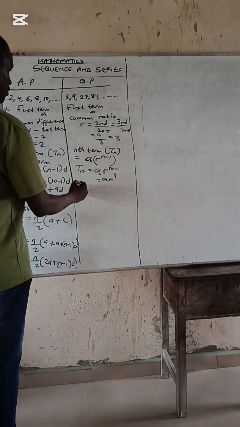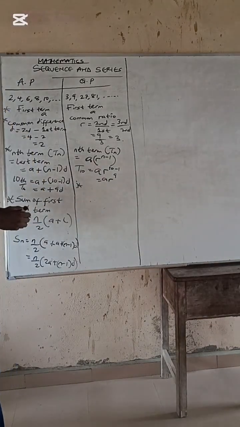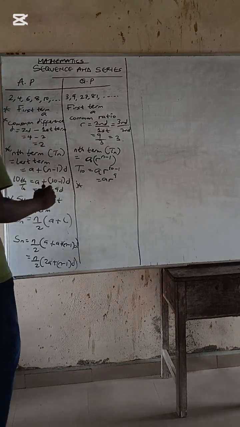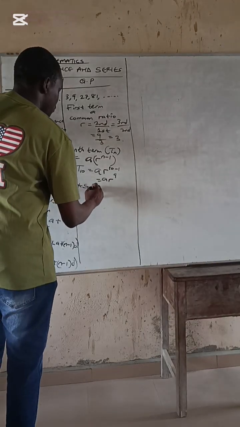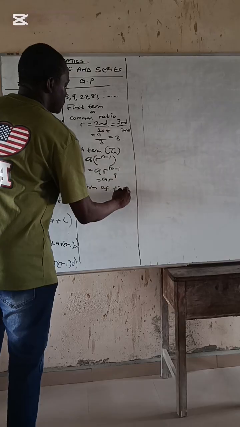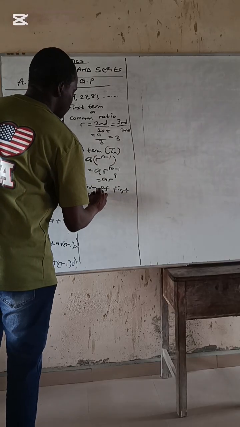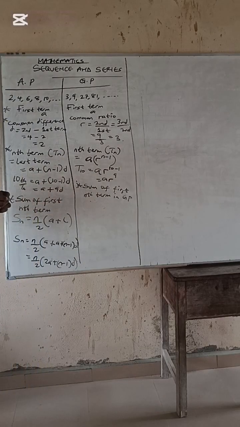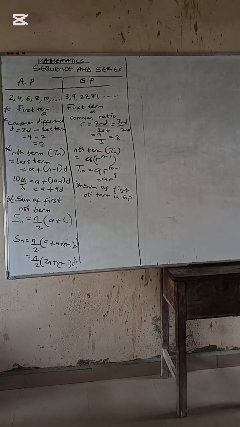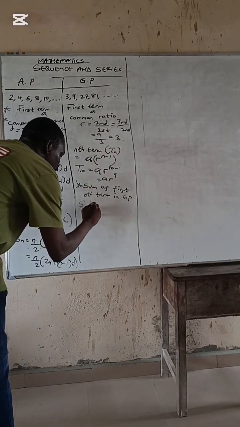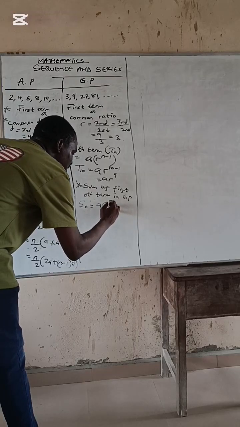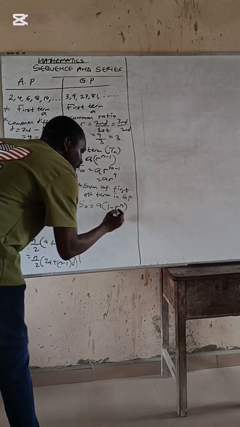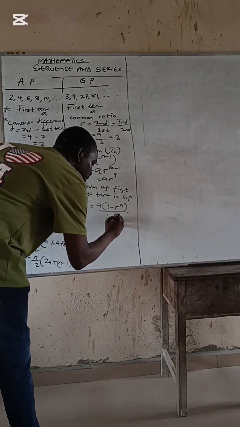Now, moving on to what we have here, we have the sum of the first n terms in GP. The sum of the first n terms in GP will give us something like Sn equals a open bracket 1 minus r raised to power n all over 1 minus r.